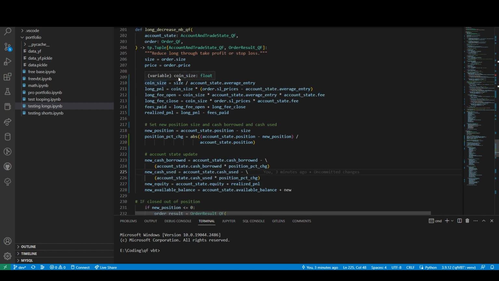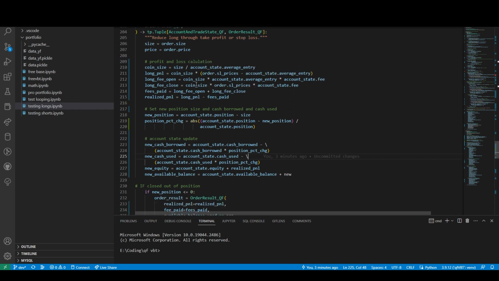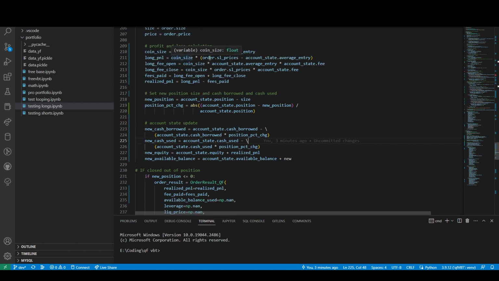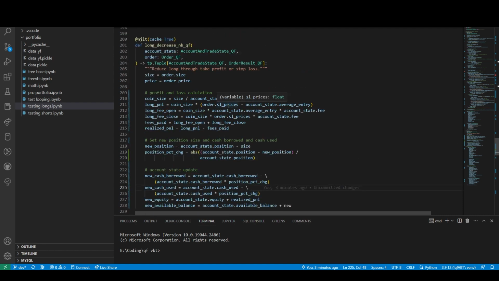I created the profit and loss. So we've got a realized P&L. Then, wait, why is this stop loss price?